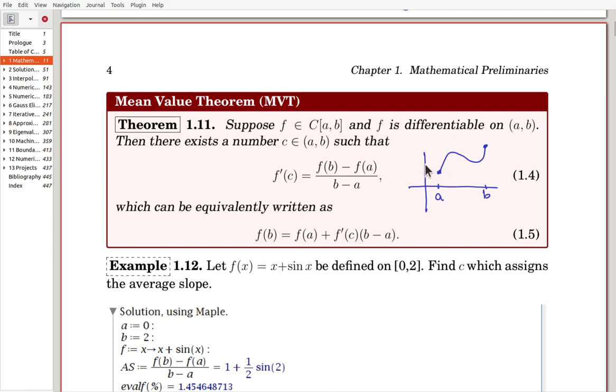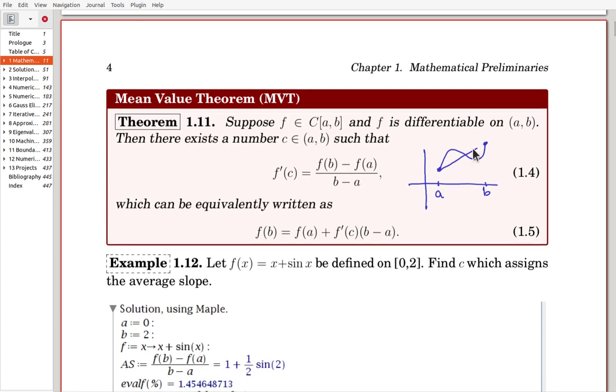Now the quotient on the right side is the average slope. By drawing a triangle, the change in the numerator is this top, and the denominator is this change. So here, that average slope is this one.